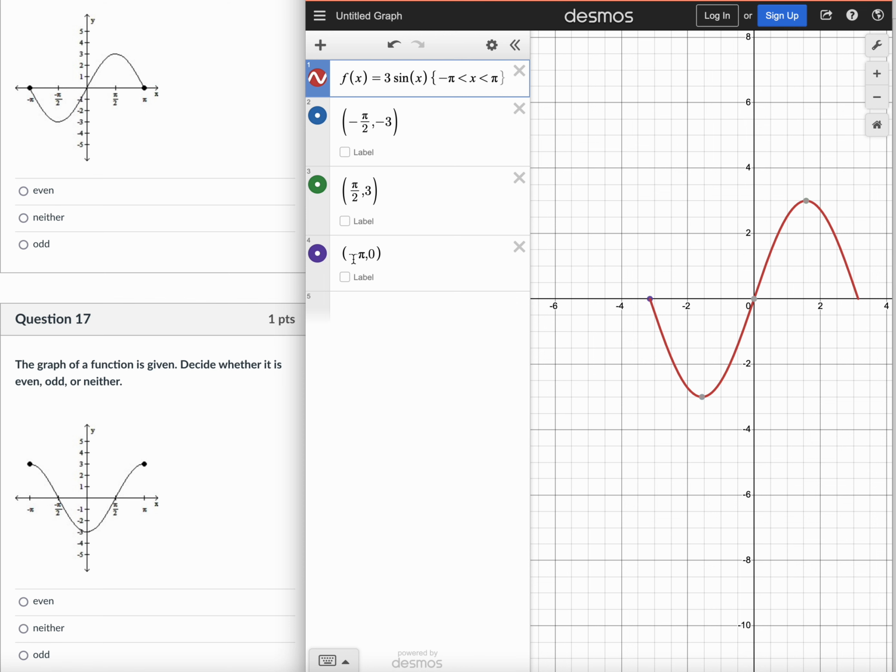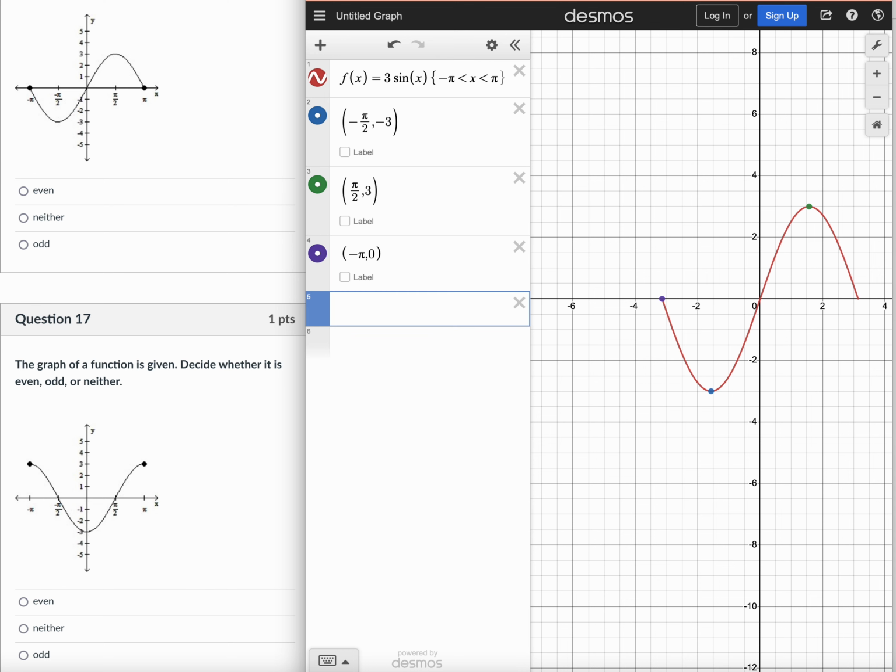If you put a negative in front of negative pi, and a negative in front of 0, what do you get? You have a negative pi, so it's going to be positive pi. You put a negative in front of 0, you still have a 0. So that will be this point.